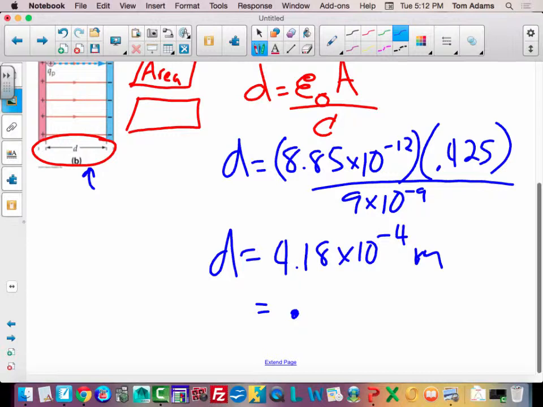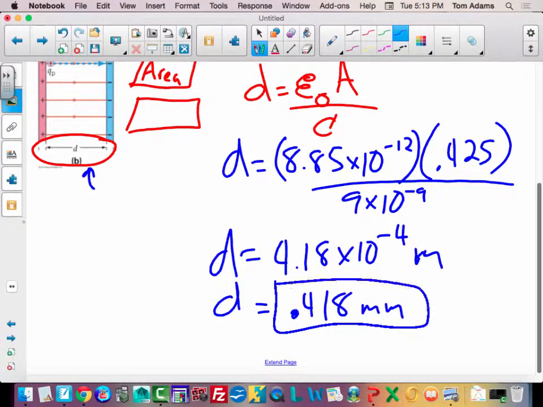So we want to make that in a measurement that we can actually use. And so we could convert this to, say, millimeters. And if you do that, it would be 0.418 millimeters. Still, that's kind of difficult, but this is probably a more practical measurement. The two mean the same thing. But that's the answer.